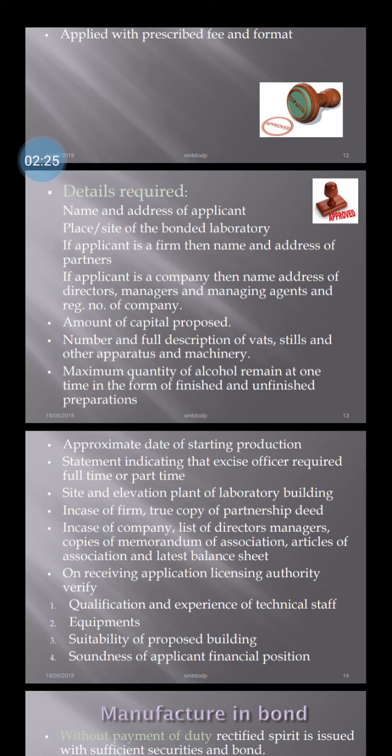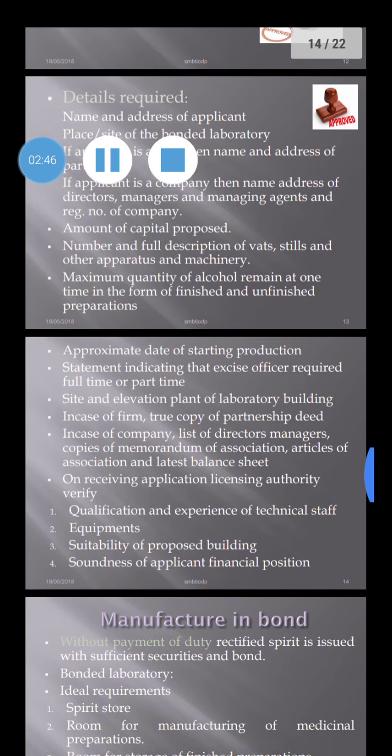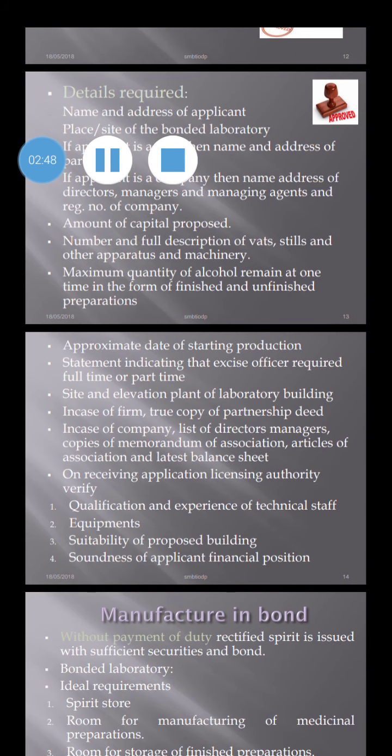proposed, a description of vats, stills and other apparatus and machinery, and the maximum quantity of alcohol to remain at one time in the form of finished and unfinished preparation, the approximate date of starting production, and a statement indicating whether an excise officer is required full time or part time.